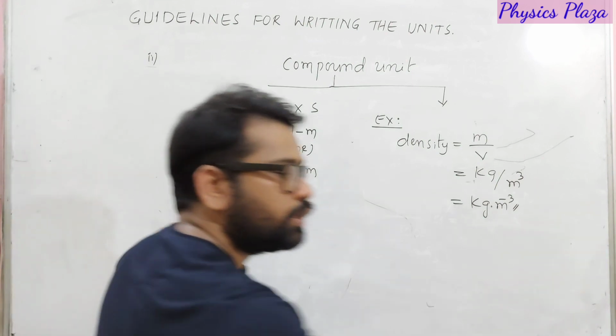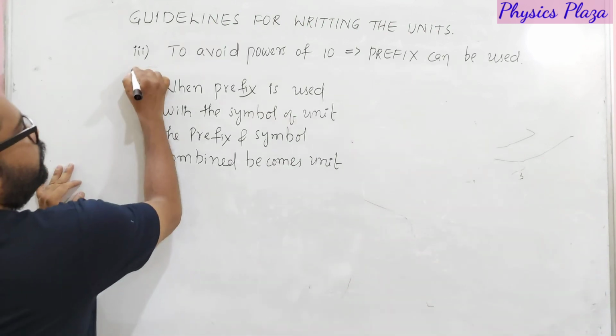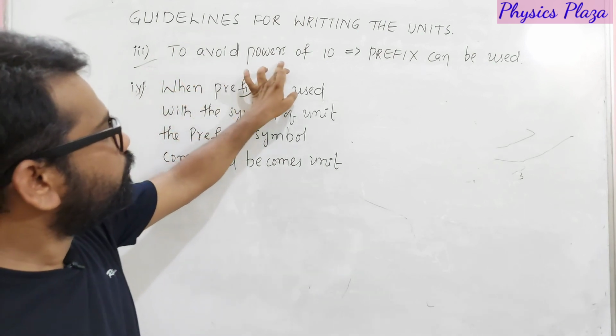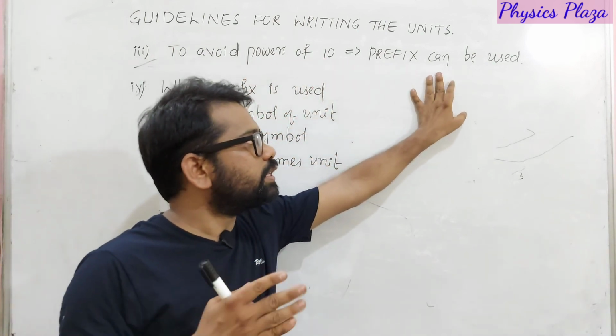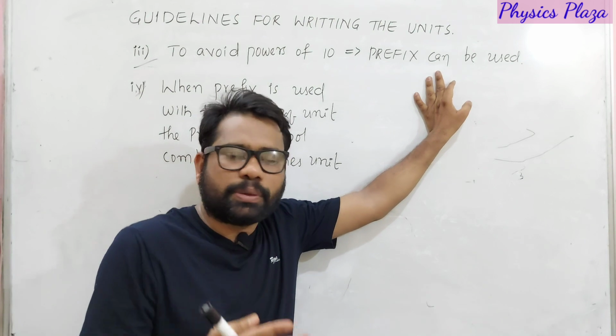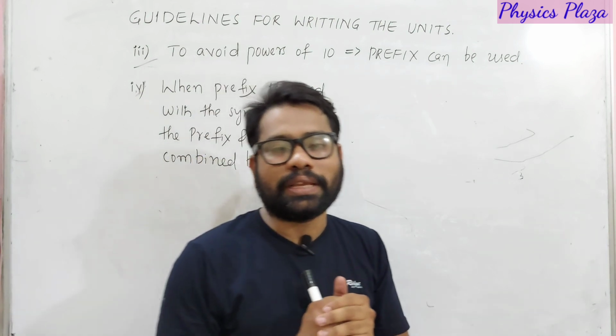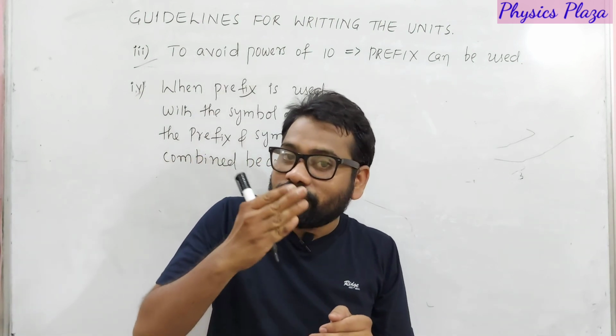So this is the second rule which we need to understand. Now let us see the third rule. Dear children, to avoid powers of ten, we will generally use a prefix, but one very important thing is that you cannot use more than one prefix.